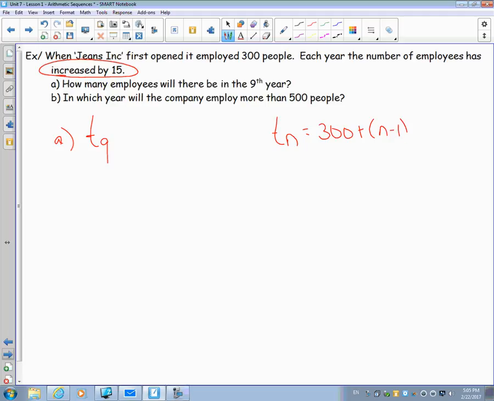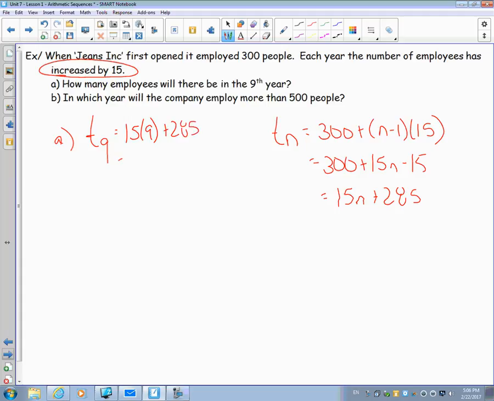We're going to go up by 15 each year. We'll get 300 plus 15n minus 15, or in other words, 15n plus 285. So if I want to find term 9, 15 times 9 plus 285. Into my calculator, and I got 420.